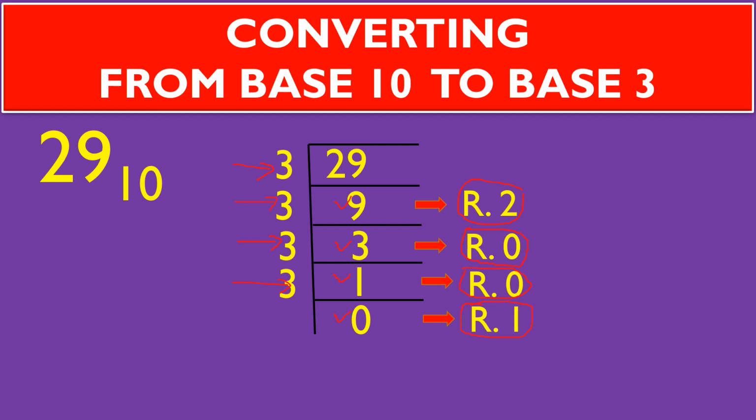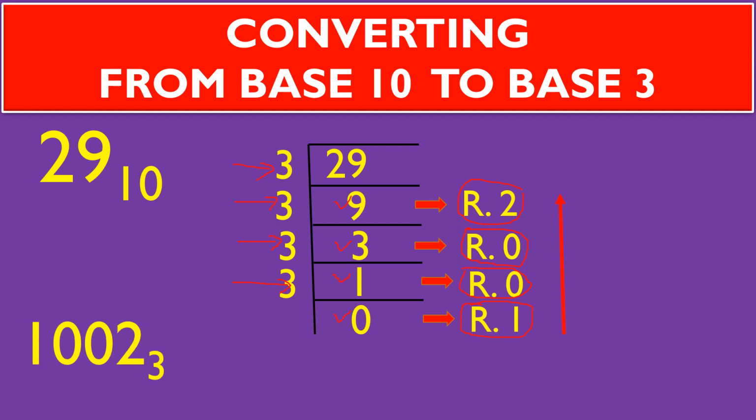Now, our answer to the conversion from base 10 to base 3 is simply obtained from the remaining values, that is from the remainders. But what we will do is to take the numbers from the bottom to the top.